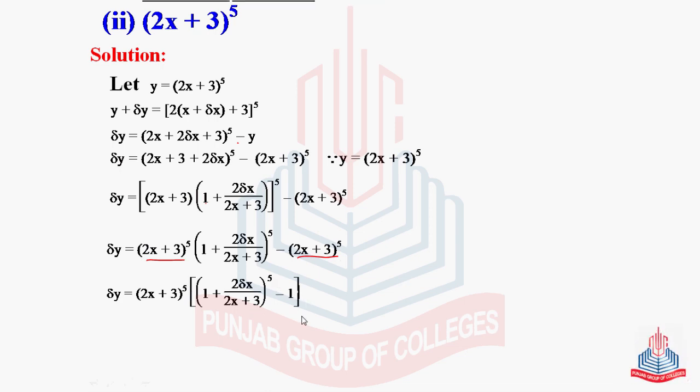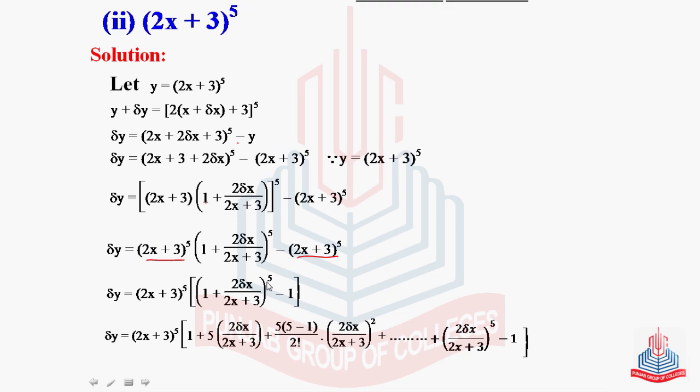Now we open this expression with the help of the binomial theorem. So we have delta y is equal to (2x plus 3) raised to the power 5 times [1 plus nx. Here n is 5, x is 2 delta x over 2x plus 3, plus 5 into (5 minus 1) over 2 factorial times x square, which is (2 delta x over 2x plus 3) whole square, and so on.